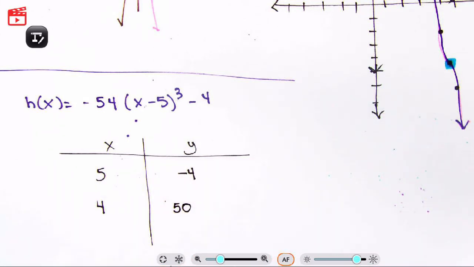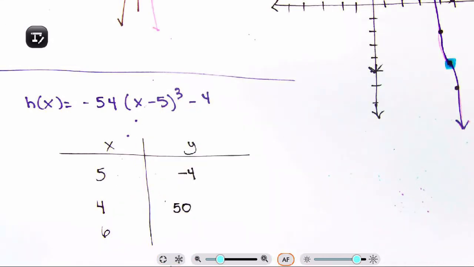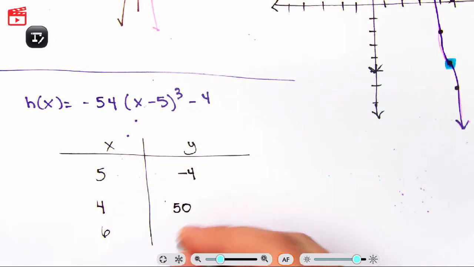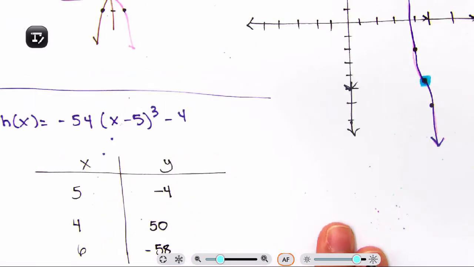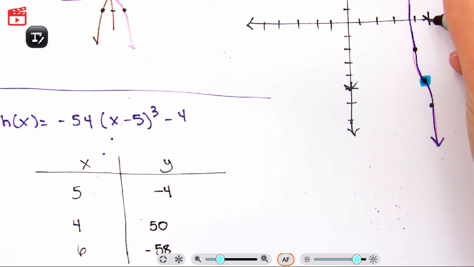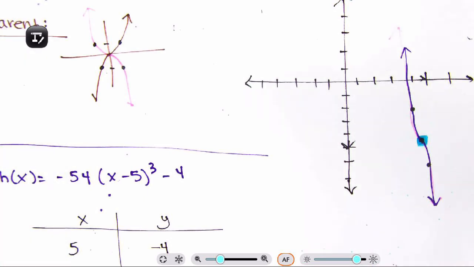Notice how bad it jumped? That's okay. And then I'm going to do 1 above, so I'm going to do 6. Positive 1 cubed, so I have negative 54 minus 4, which is negative 58. Okay, here's my 3 reference points. My vertex is the same. However, this is why you don't have to label the stuff that you don't know precisely.